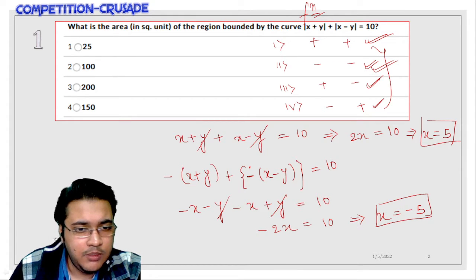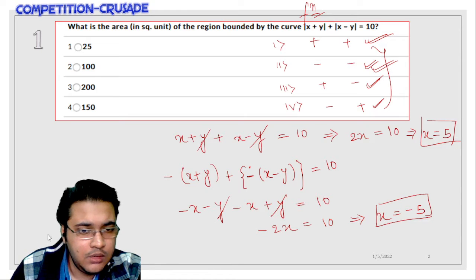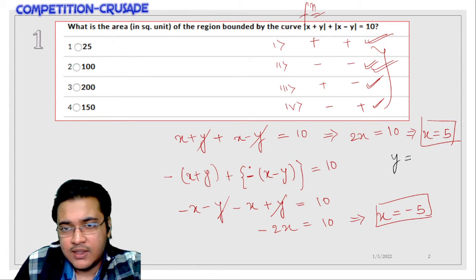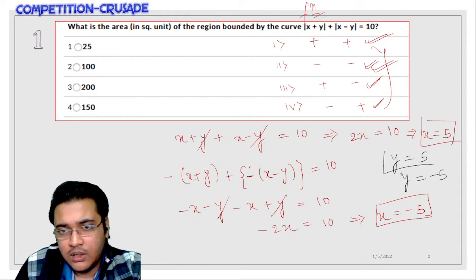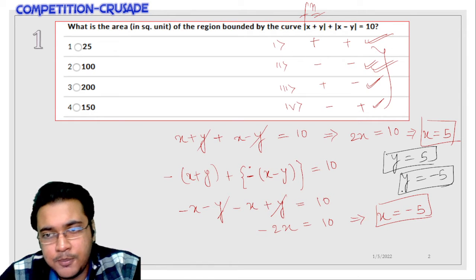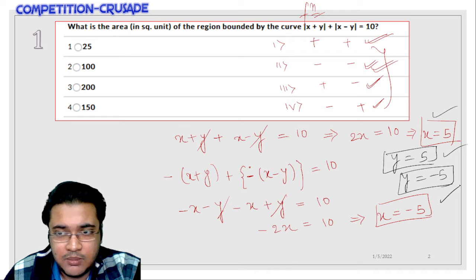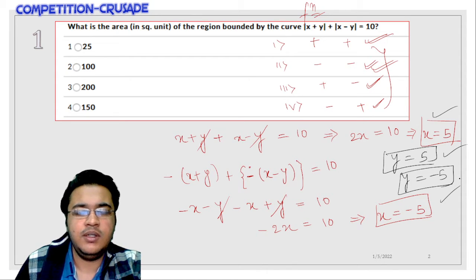Let me change the color. So similarly you will get y is equal to 5 and y is equal to negative 5. Now these are the four lines that I am getting. If I can plot all these lines, my answer will be visible.